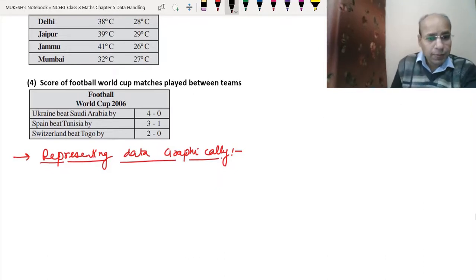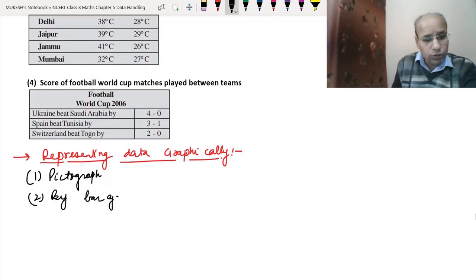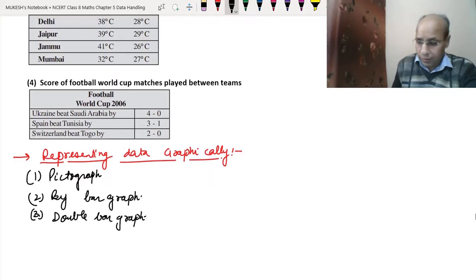One is the pictograph, that you have already studied in class 6. Second is the bar graph, which you have also studied in class 6 and 7. Third is the double bar graph, which we have already studied in class 7. The fourth is the histogram, that we will study now.